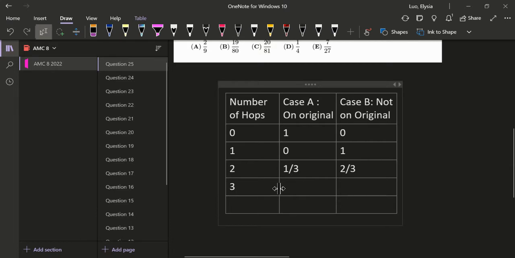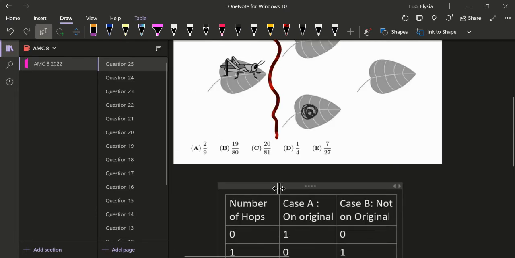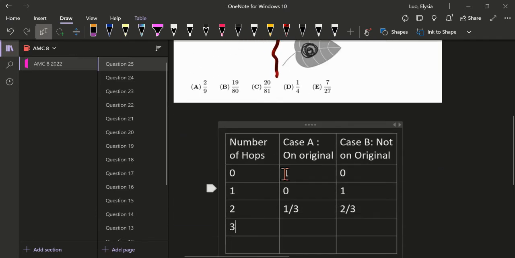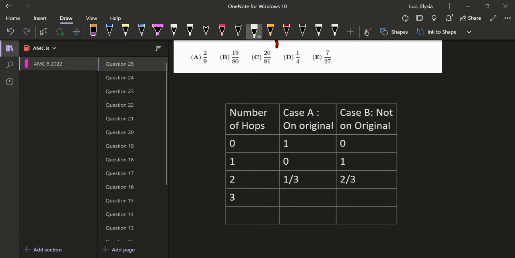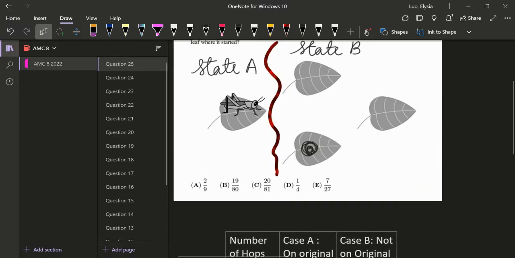For hop 3, where is it going to be? What's the probability for case A? Well, think about it sort of like this. It has to be on a leaf that is not state A for it to hop onto state A. Let me just say that again.